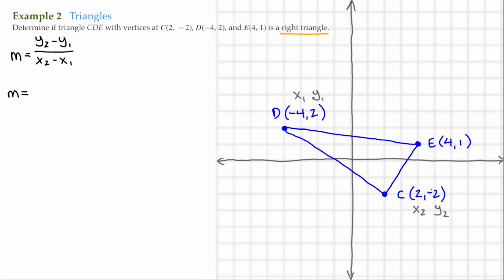So that's going to be -2 minus 2 over 2 minus -4.